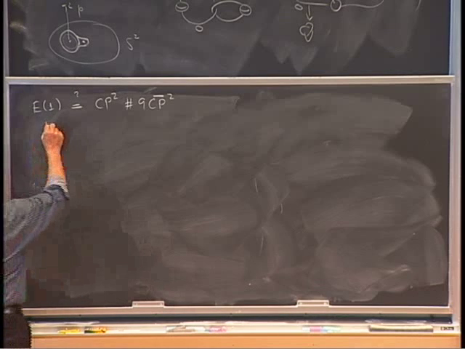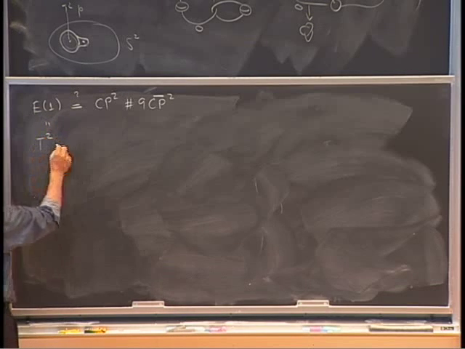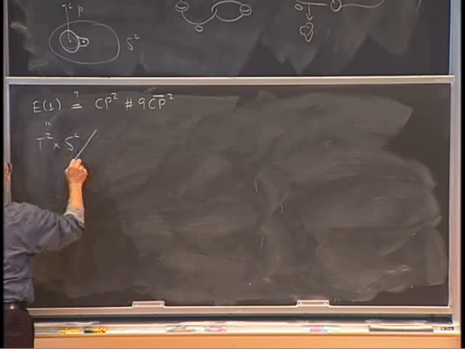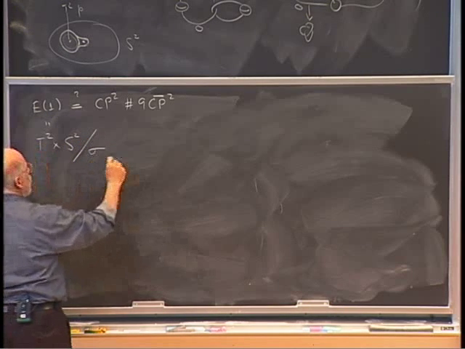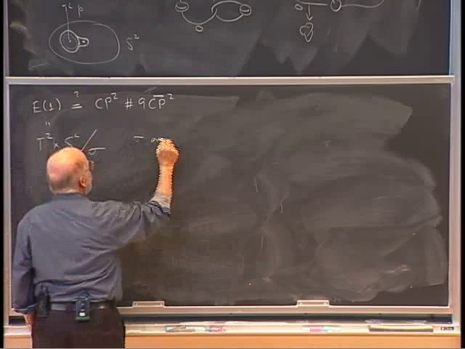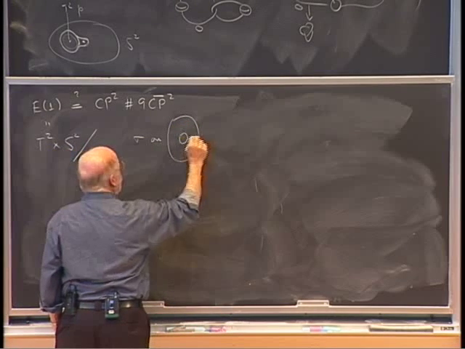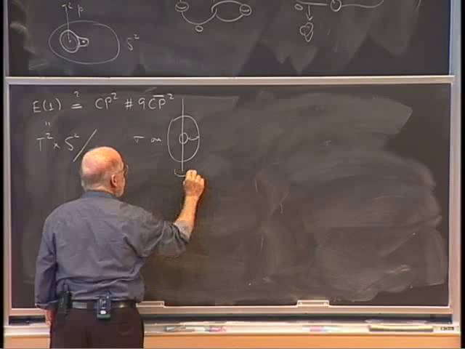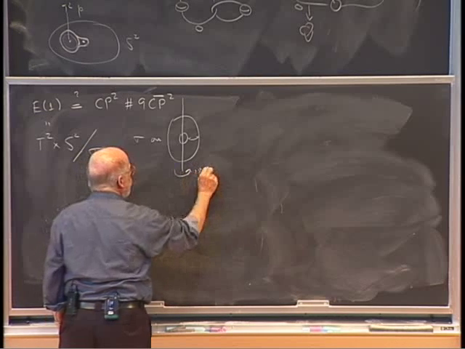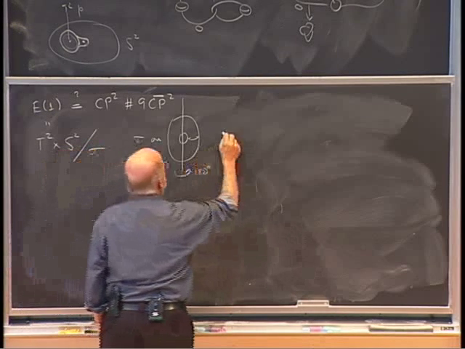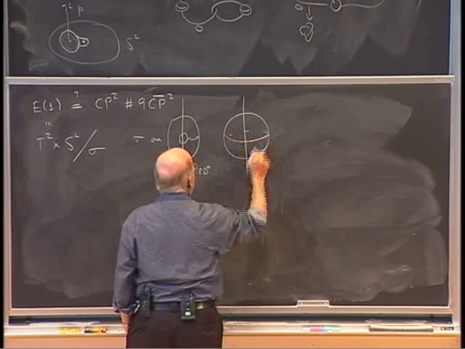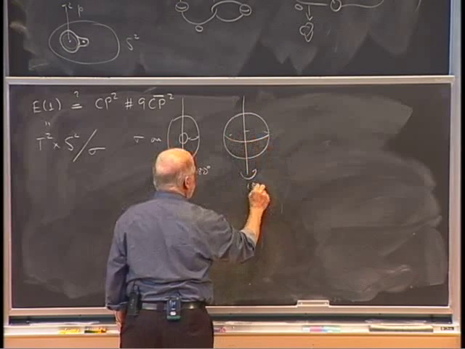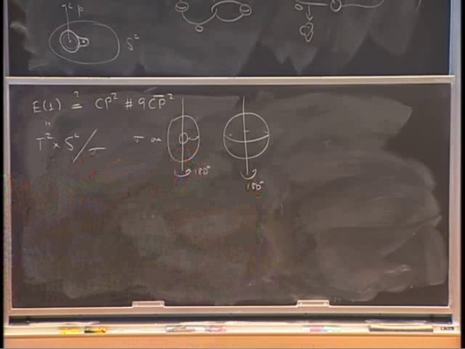Well, they wrote E1 as the torus cross the two sphere, and you divide out by an involution, sigma, where sigma on the torus you just rotate 180 degrees, and sigma on the two sphere, same thing, you again rotate 180 degrees. So there's those two, then you divide out here.